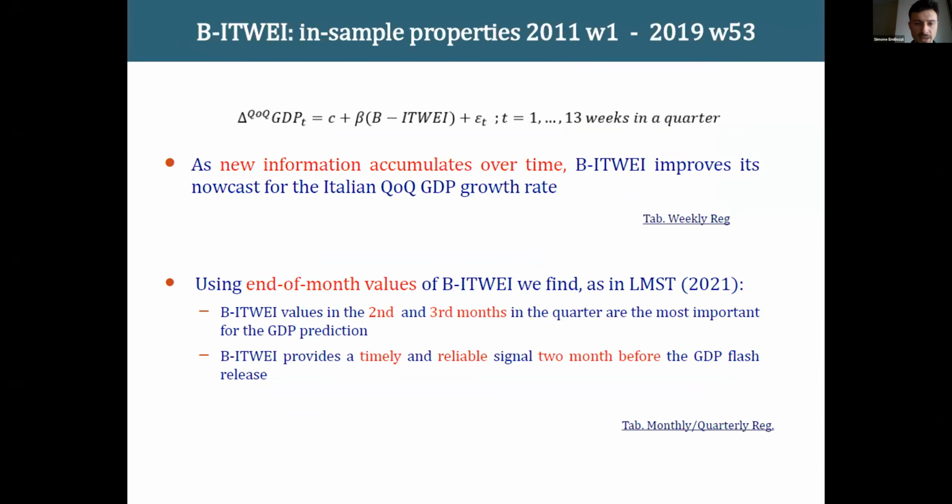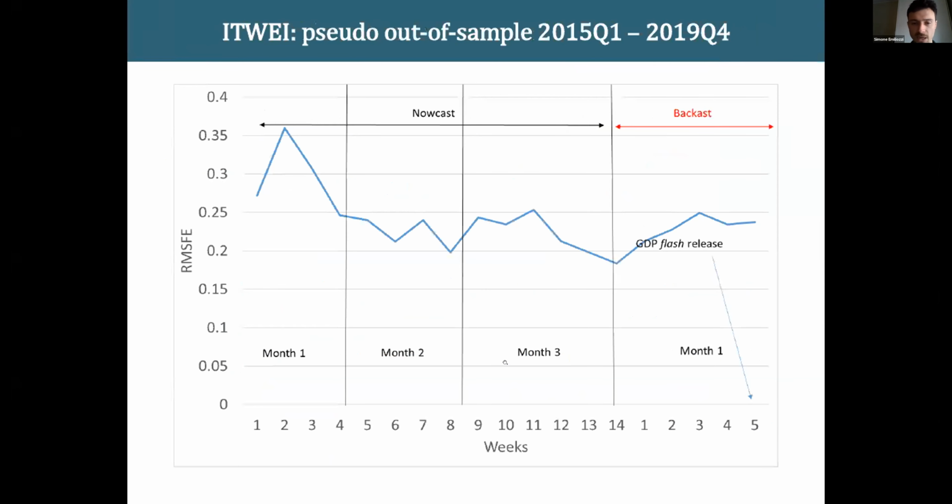Similar result was at the monthly and quarterly level. The main takeaway is that we get a reliable nowcast of GDP 1-2 months before its release. Here also it's a pseudo out of sample exercise from 2015 Q1 till 2019 Q4.